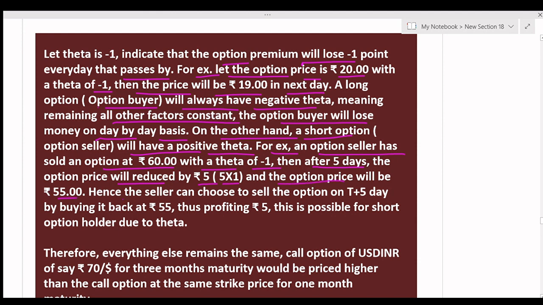Hence, the seller can choose to close the position on T plus 5 day by buying it back at ₹55, thus profiting ₹5. This is possible for the short option holder due to theta.